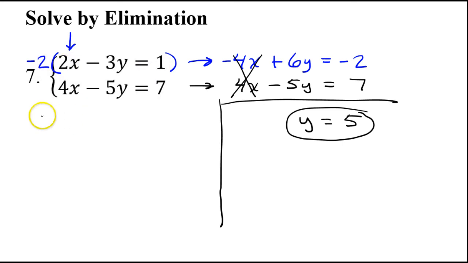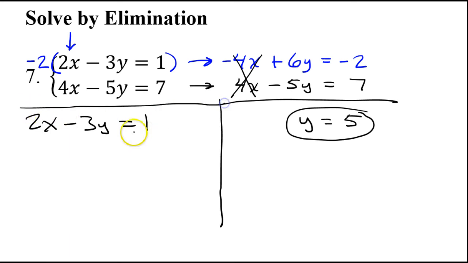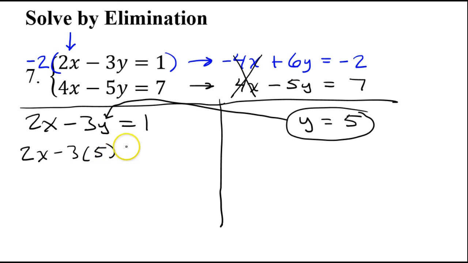So I'm just going to use the top equation. I'm going to recopy it here. So I have 2x minus 3y equals 1. Okay, but I'm going to take this y and substitute it back in right here. So that'll give me 2x minus 3 times 5 is equal to 1. So that'll give me 2x minus 15 is equal to 1. Then I would add 15 to both sides.